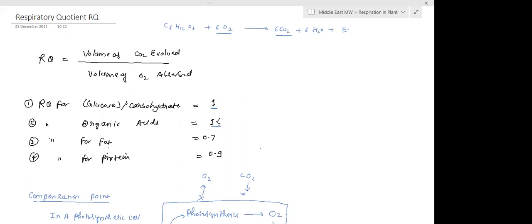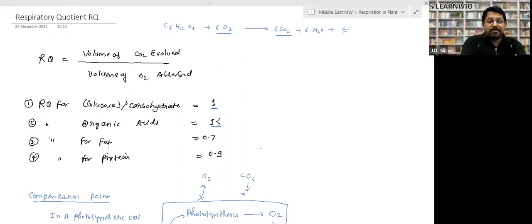So I need to remember these RQ values. Yes, you need to remember that. It is important. Actually, that is the question only in this whole PPT, the RQ value.